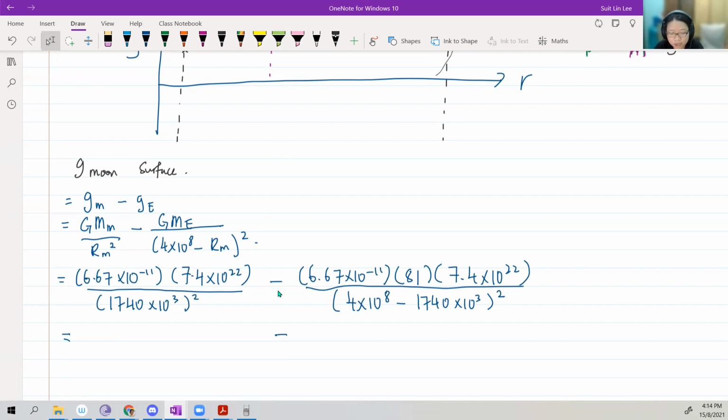So normally Cambridge will tell you it's negligible, or they won't even give you enough information to calculate, so you can neglect it yourself. So 4 times 10 to the power 3 squared. 1.63.